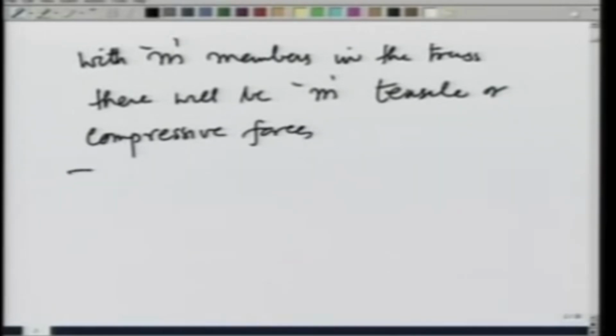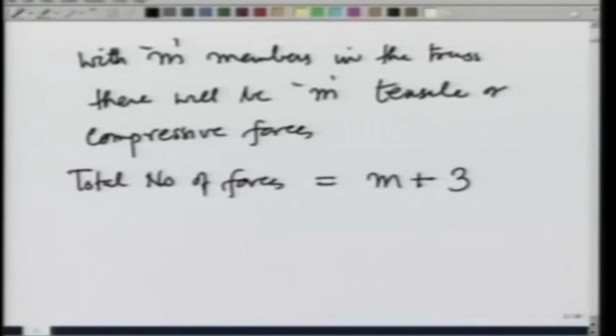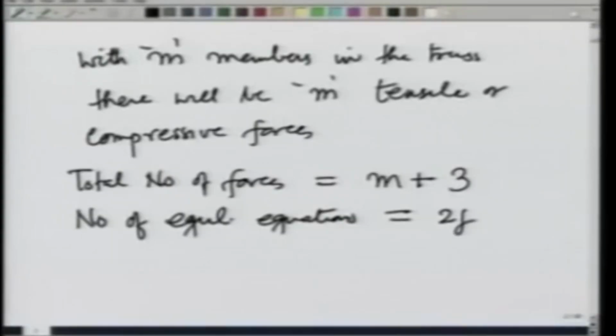So, the total number of forces is equal to m, which are arising from the members of the truss, plus 3 external forces, and the number of equilibrium equations, counting 2 for each joint, is equal to 2j.